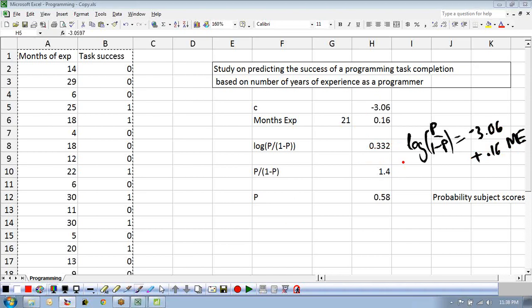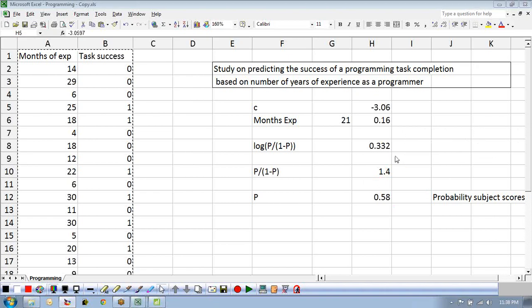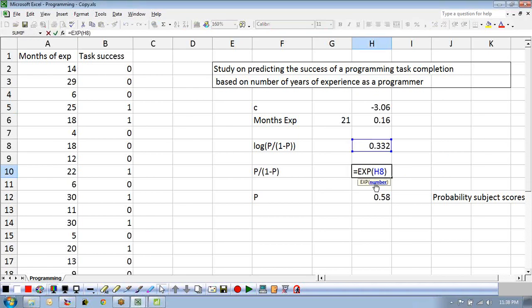So when I do that, I can exponentiate. For those of you who know, the inverse of the log is the exponential of that log. So if I take the exp of this guy, I invert this, and now it's just a question of solving this algebra equation for p, and that's what this is right here.